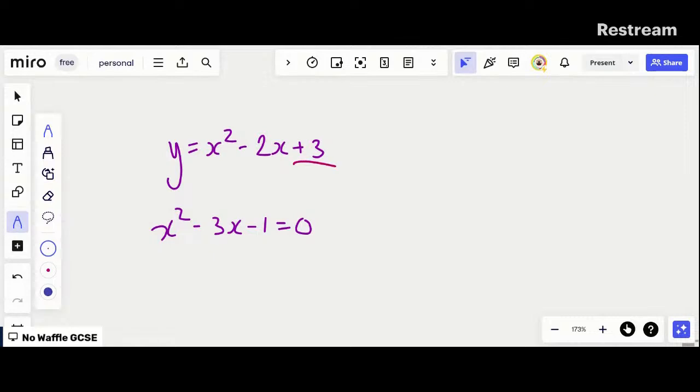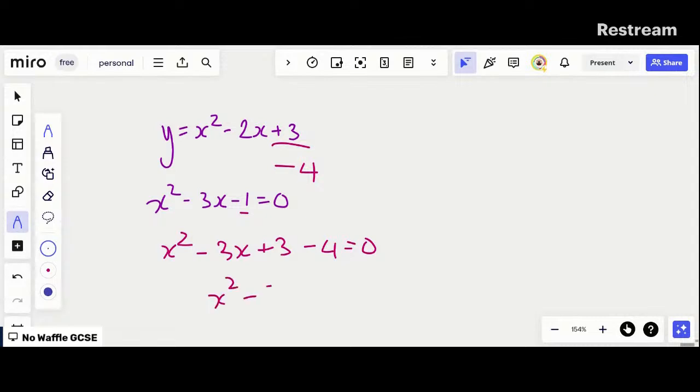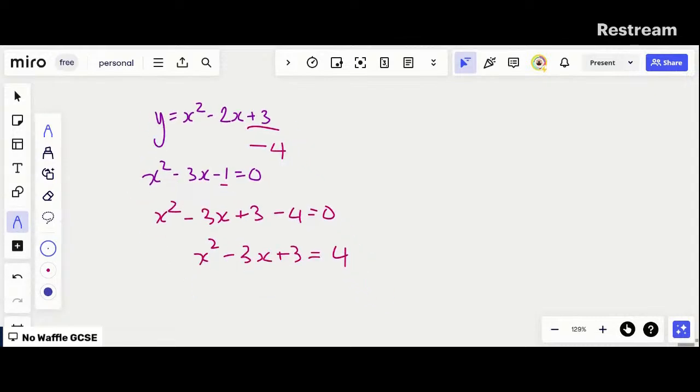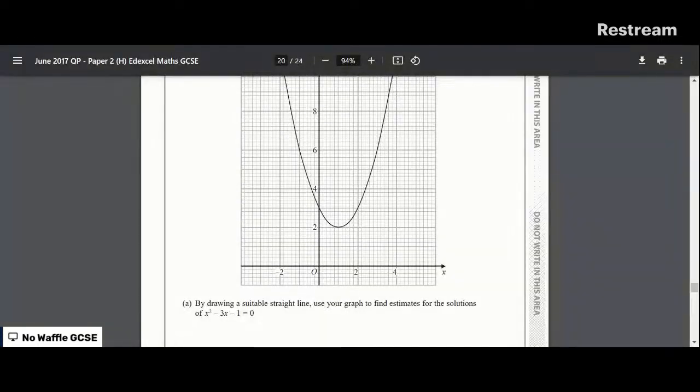We've got plus 3 here and minus 1 here. So what have you done? We've clearly minused 4. So you've got x squared minus 3x plus 3 minus 4 equals 0. So you can write it like that, and therefore what you're doing is you're equating this quadratic to the line y is equal to 4. So you then draw the y is equal to 4 graph on that, and that should be your answer.